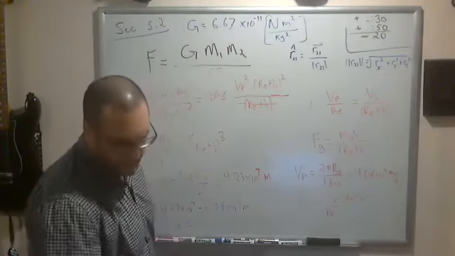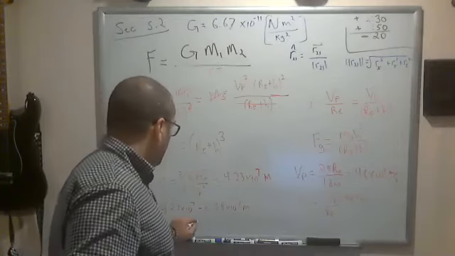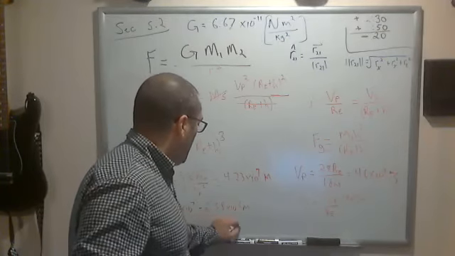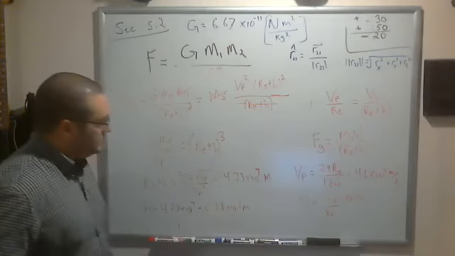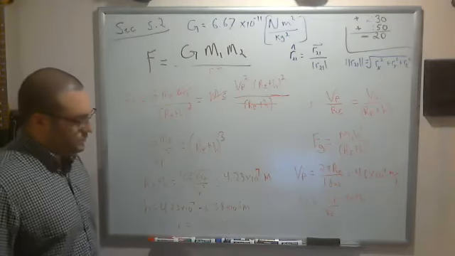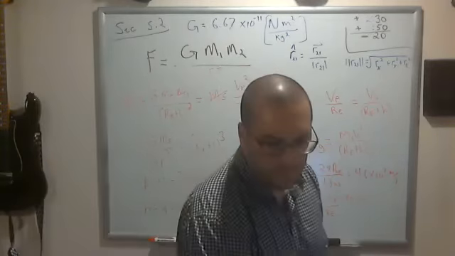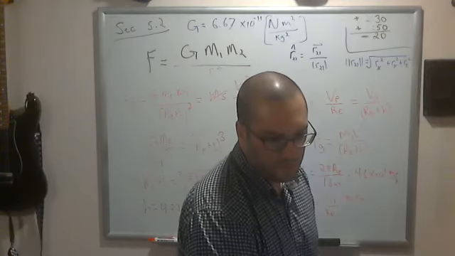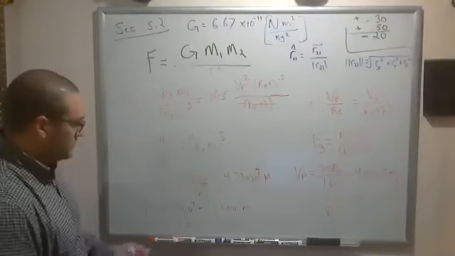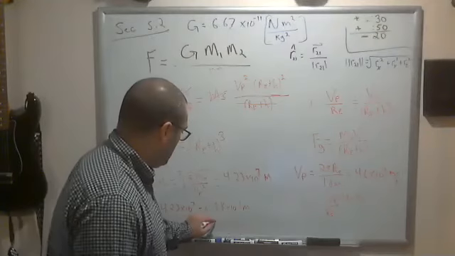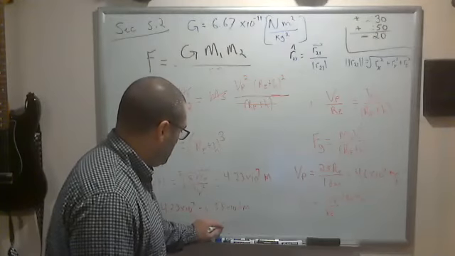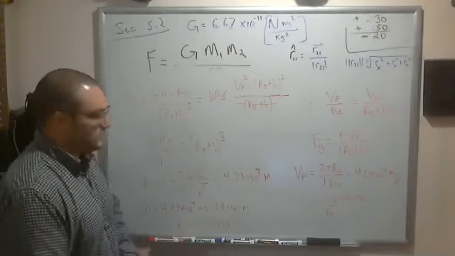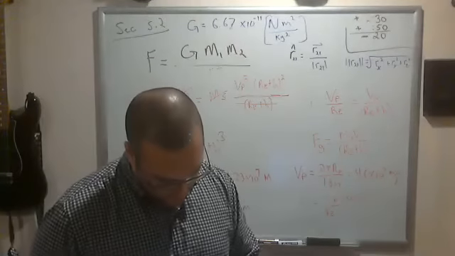So then we find that H is roughly about 36,000 kilometers above our heads.